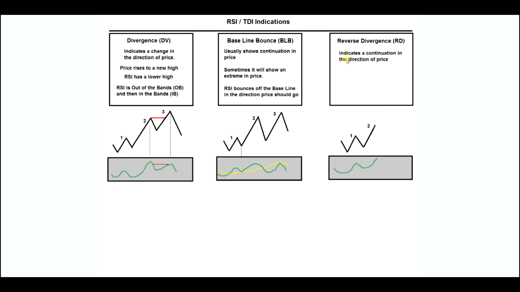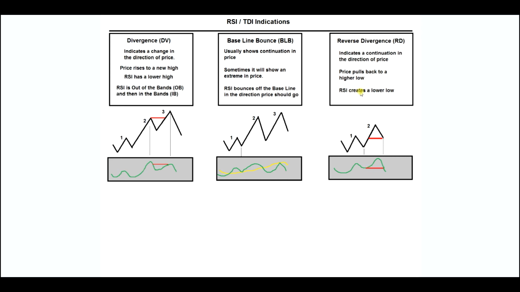So a reverse divergence indicates a continuation in the direction of price. Alright, what we have here is price went high, the price pulled back. It has a higher low right here than this low. Okay, but the RSI creates a lower low. See, when the push 1 pullback, RSI came here. The push 2 pullback, RSI line came below the push 1 pullback reading.